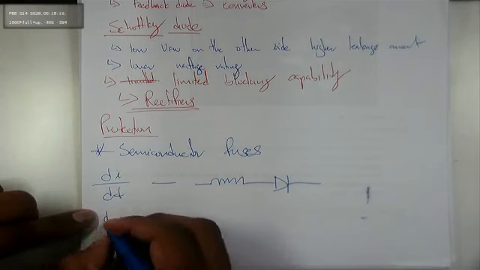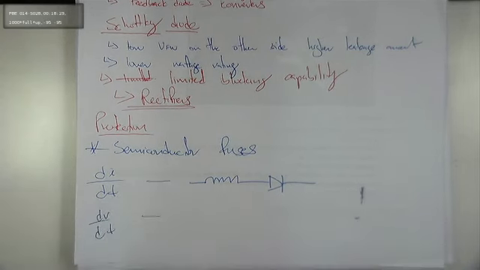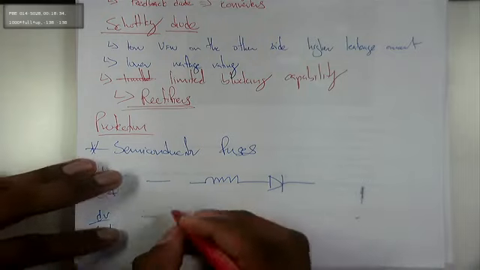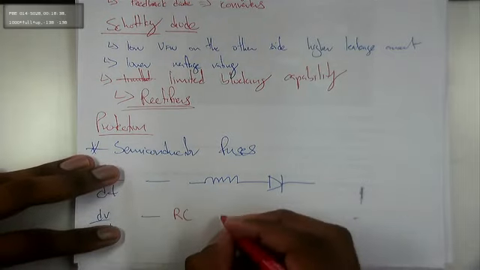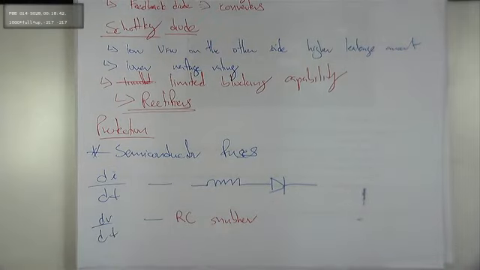Now what about dV over dt? Protection against voltage. For protection against voltage, we have something called an RC snubber. Have you heard of this before? RC snubber?